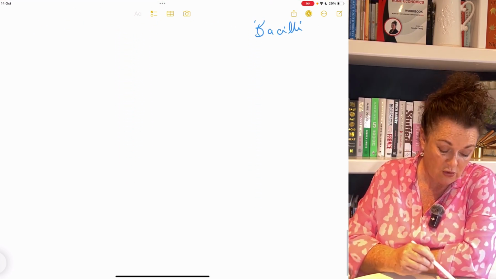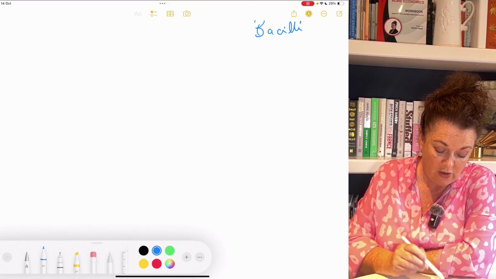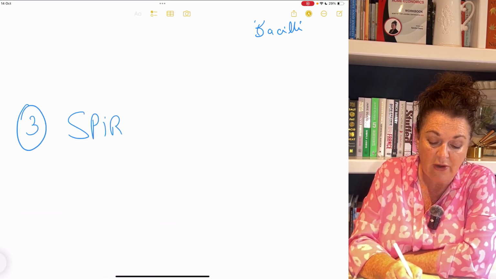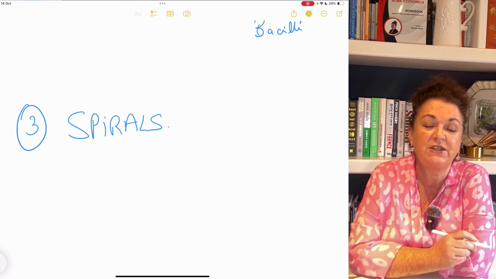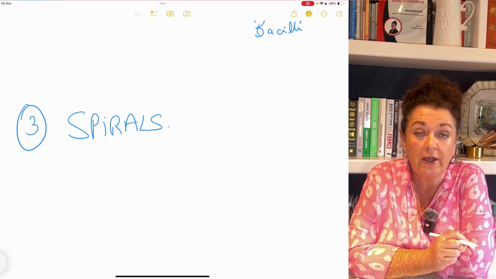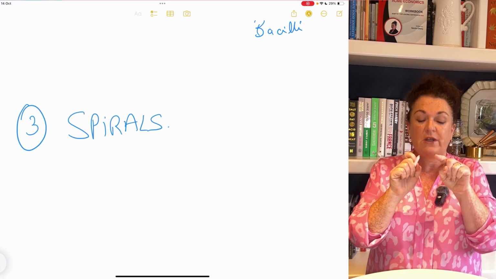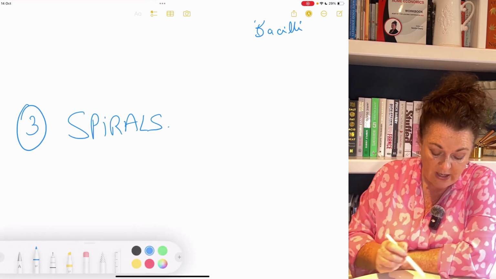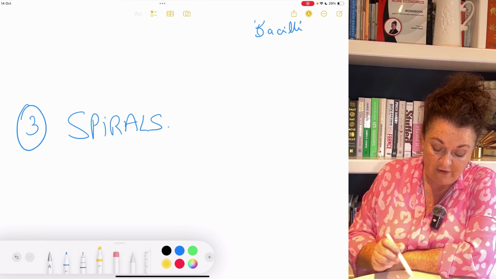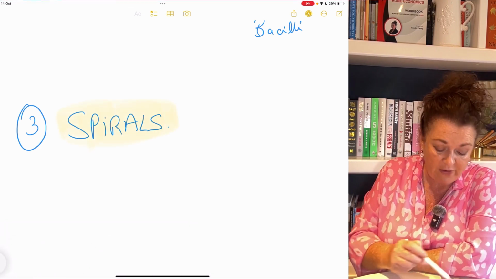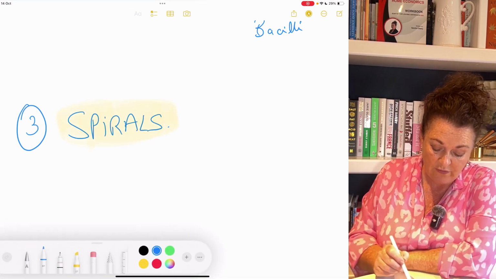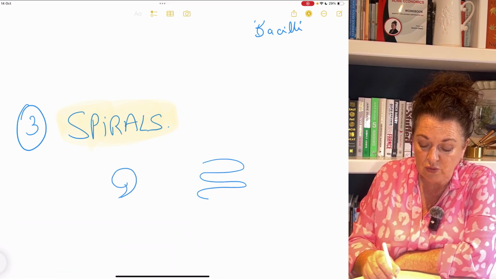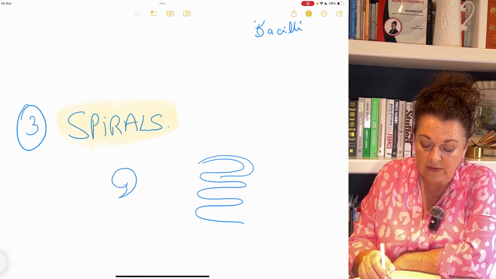And finally, according to shape, we have our third one, the spiral shaped bacteria. Now, unlike cocci, which are a definite spherical shape, or the rods, which are a definite shape, spiral shapes can vary. You could have a comma shape right up to a shape that looks like that.